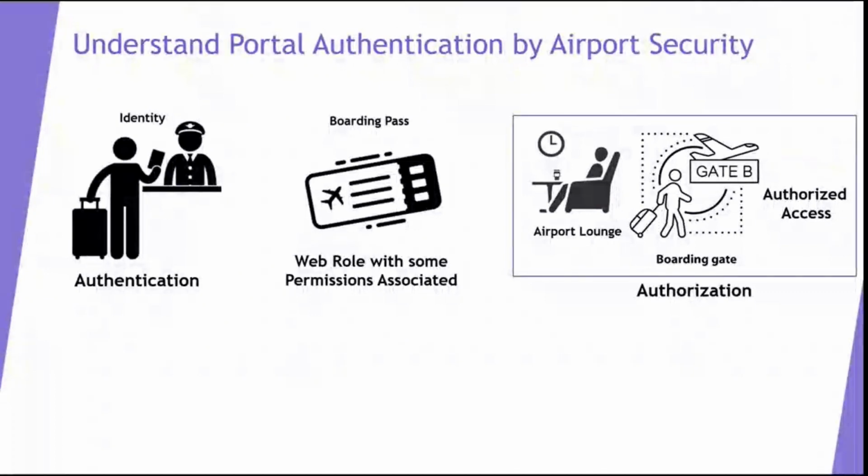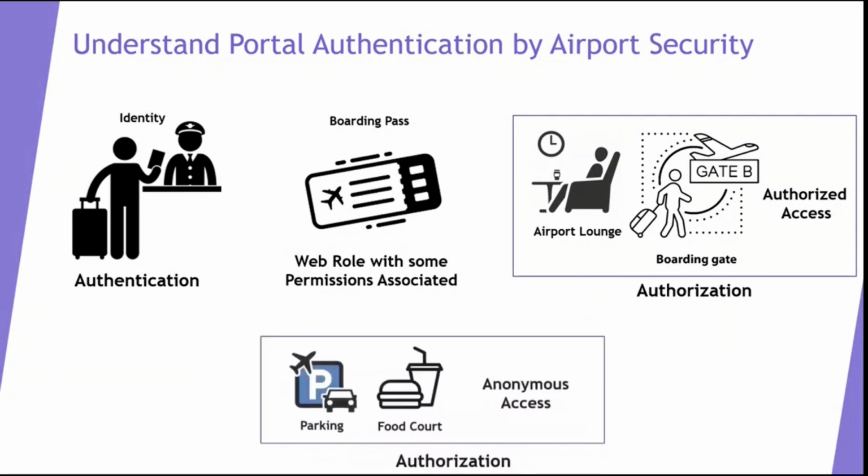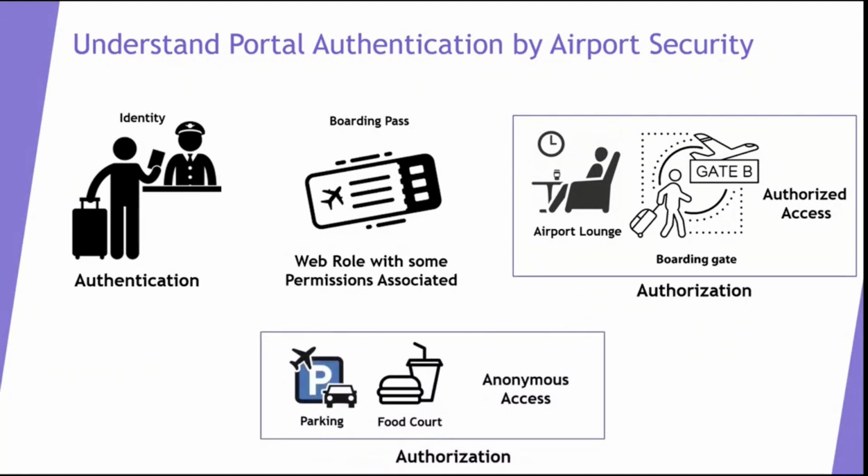One extra thing is that some of the facilities of the airport don't require any access to utilize them, and that is called anonymous access. For example, if you want to use the parking facility or some of the food courts outside of the airport premises, you don't need to show your passport or your identity, right?